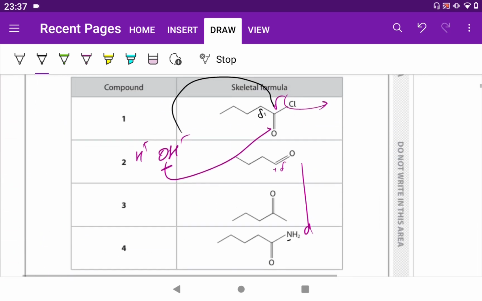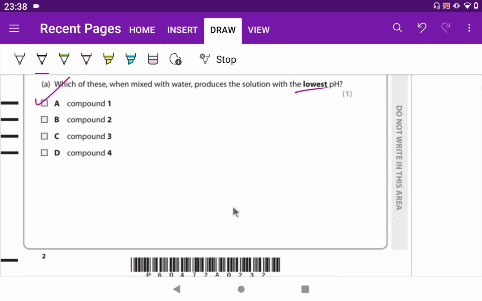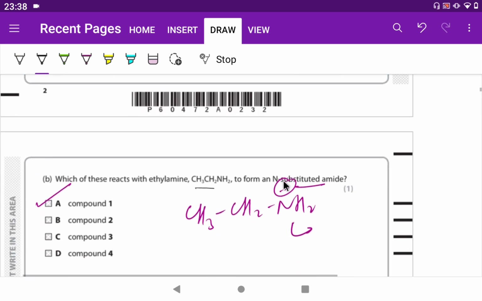So once again, this carbon has the most delta deficiency, because this chlorine and oxygen take the electron from this carbon towards themselves. Therefore this carbon behaves as most delta positive, so ethylamine will attack the first compound to form the N-substituted amide.